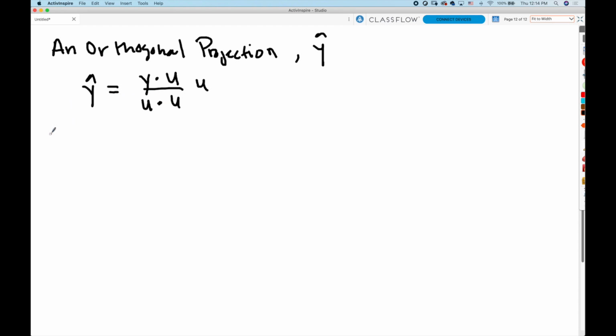Okay, so a quick example on how to use this formula. We're going to let y be the vector 7, 6, and u is going to be 4, 2.